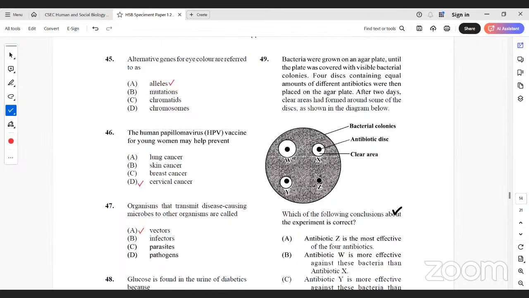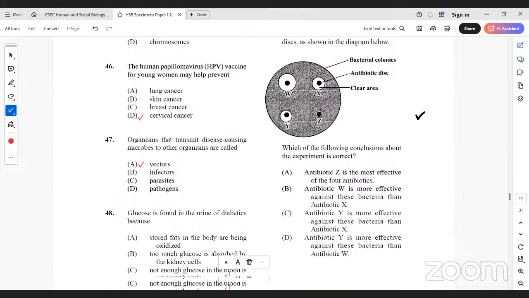49. Bacteria were grown on an agar plate until the plate was covered with visible bacteria colonies. Discs containing equal amounts of different antibiotics were then placed on the agar plate. After 2 days, clear areas had formed around some of the discs as shown in the diagram below.